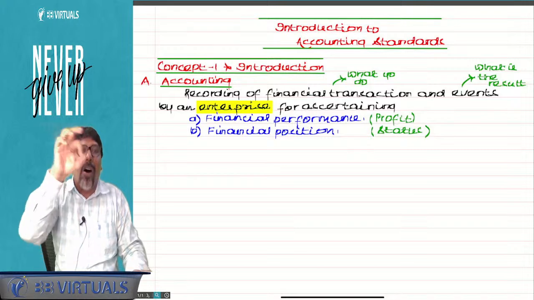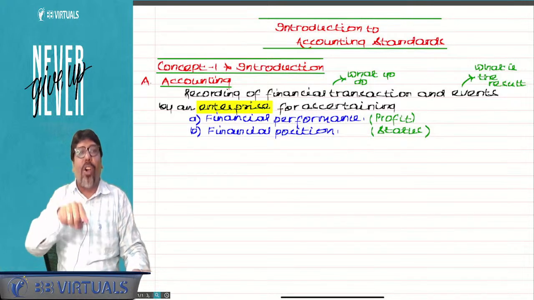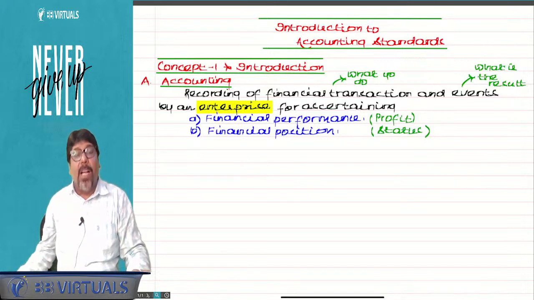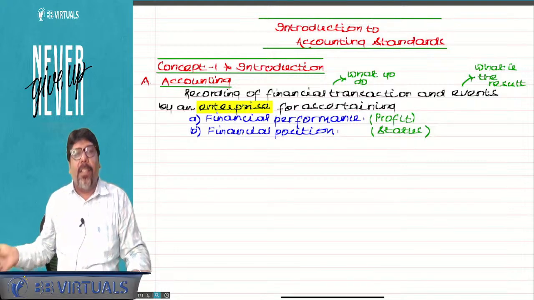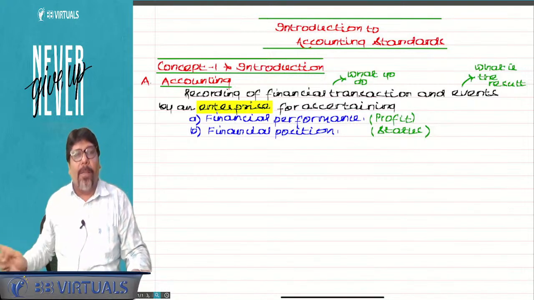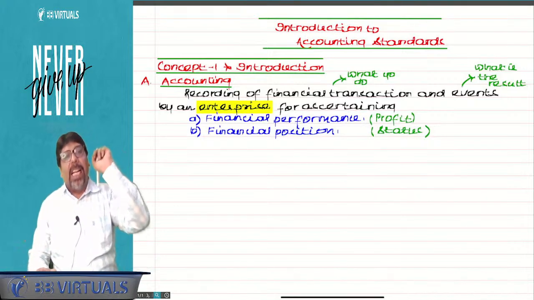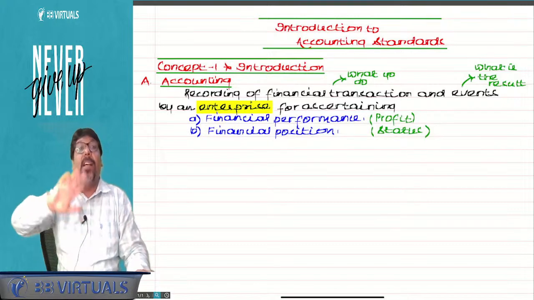You are looking at the organization. You are not looking at the chaat wala, but you're looking at the chaat shop. You're not looking at the stationery wala, but at the stationery shop. You're not looking at the owner of a restaurant, you're looking at the restaurant. You're not looking at the owner of the hotel, you are looking at the hotel.